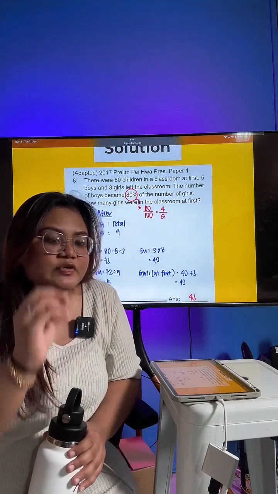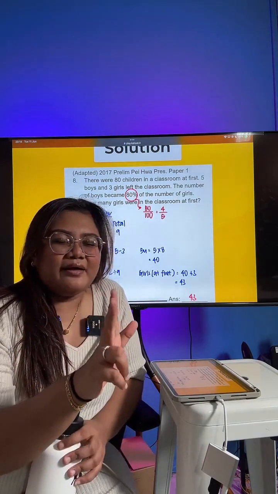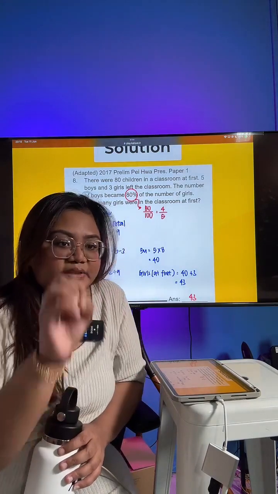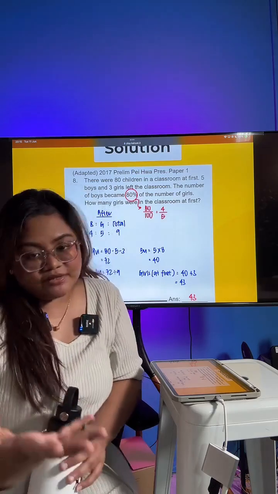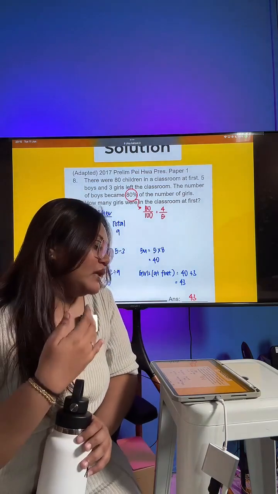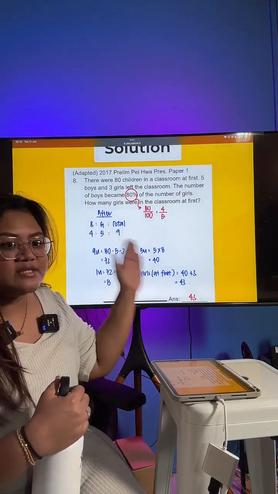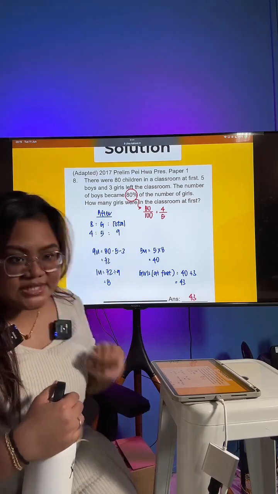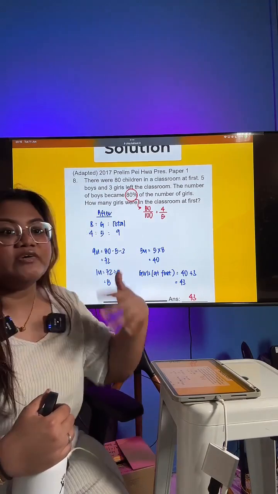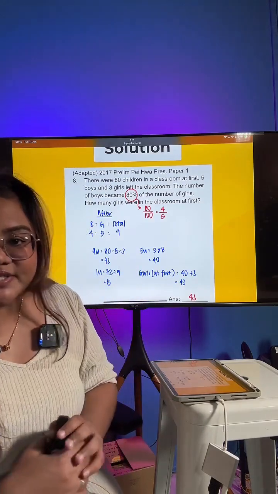If you see a percentage, a ratio, a fraction and a decimal all within the same question, you can convert all of them into something that you are most comfortable with. For me, I love ratio because I can see boys is how many units, girls how many units. I can see it very clearly. So I convert it into a ratio to understand. If you don't like ratio, you can convert it to something else.